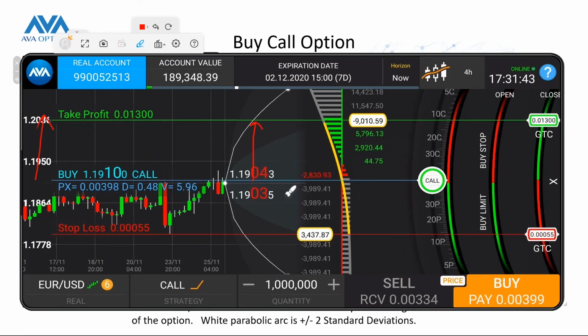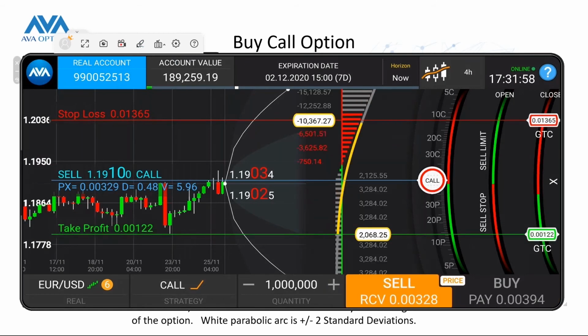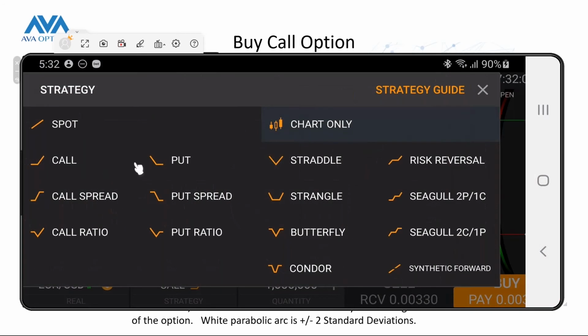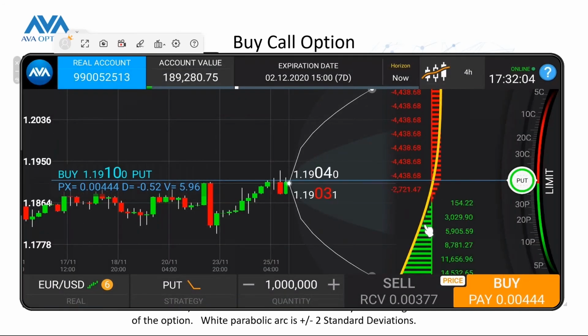I'm making only 90 pips of profit, because I bought an option, I'm not participating fully. That's all about the delta, right? Selling an option, buying an option, you can do all of this, and you can do a put option. Buying a put option, you'll lose money if the market stays here or moves higher. You'll make money if it goes lower.